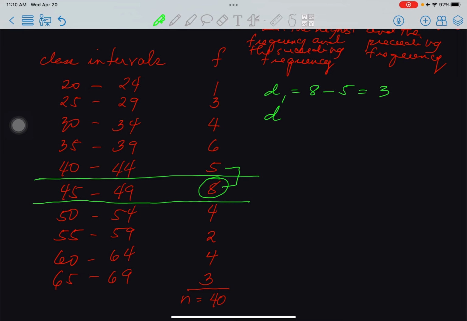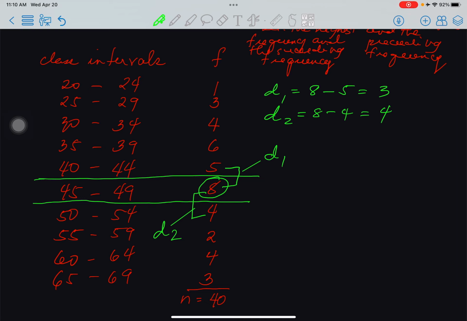Then our d sub 2 is equal to subtracting your highest frequency and your succeeding frequency. So we have 8 minus 4, that is equal to 4. So this is your d sub 1 and that is your d sub 2.